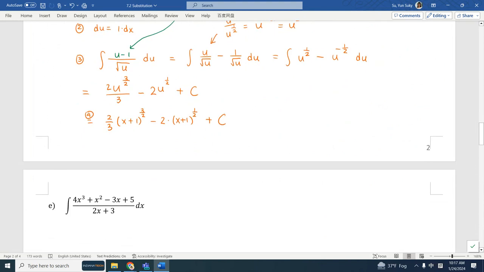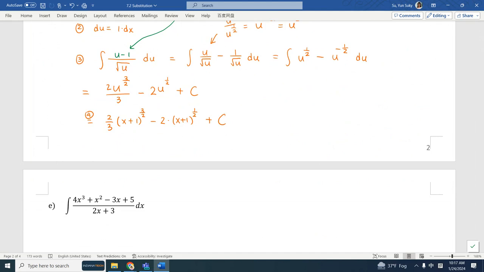How about part E? This is a rational function. Do we have a quotient rule for integrals? No. So this is a rational function. What's the degree of the numerator? 3. What's the degree of the denominator? 1.